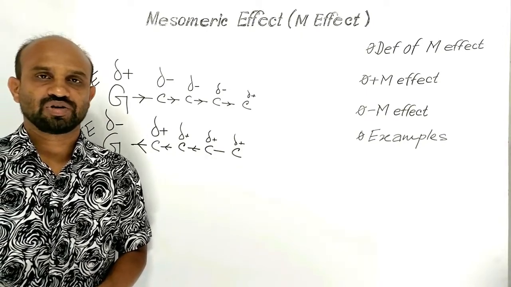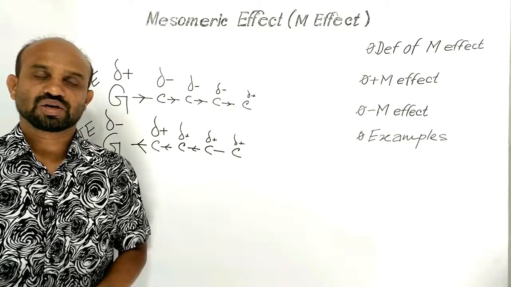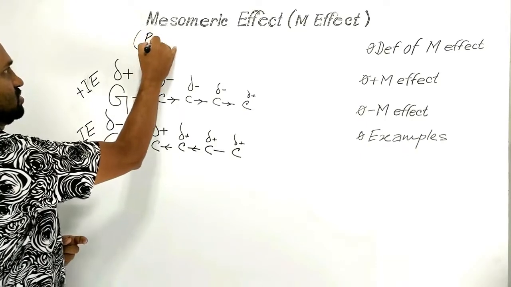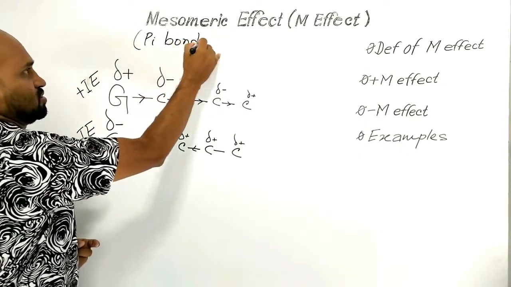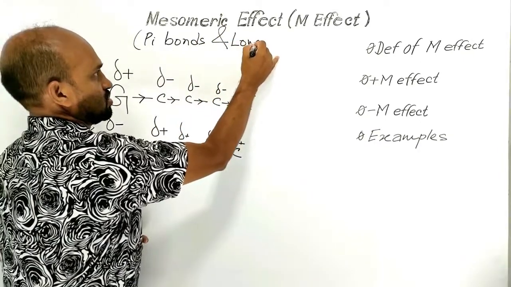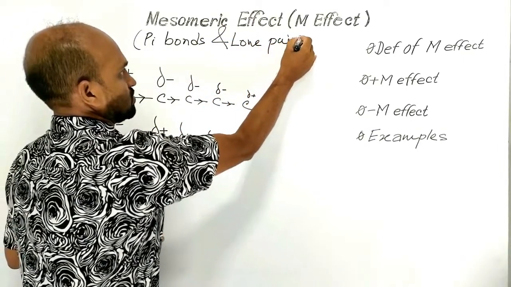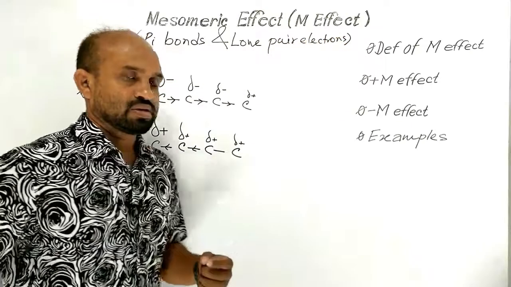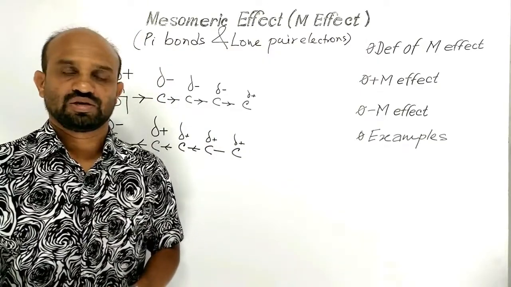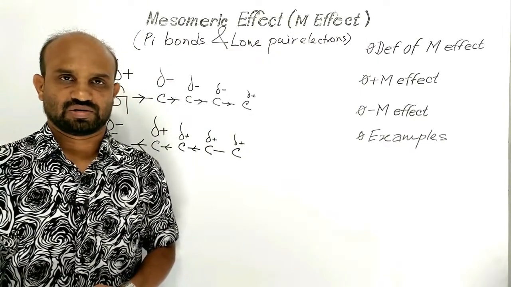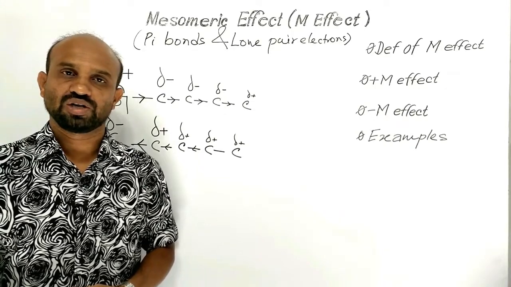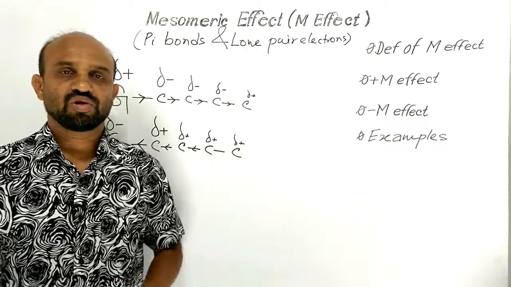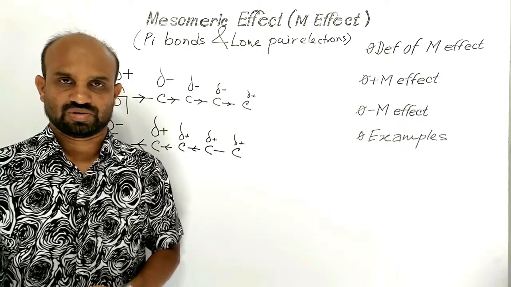But mesomeric effect involves pi bonds and lone pair of electrons. This is the basic difference between inductive effect and mesomeric effect. Inductive effect involves only sigma bonds, but mesomeric effect involves pi bonds and lone pair of electrons.